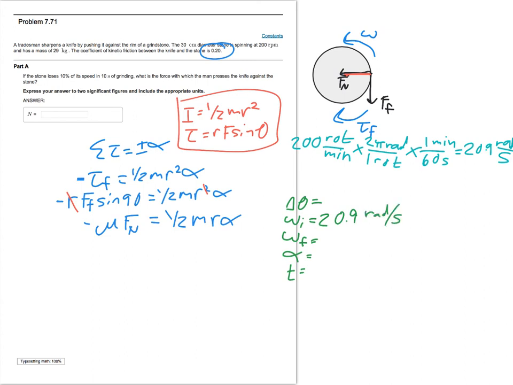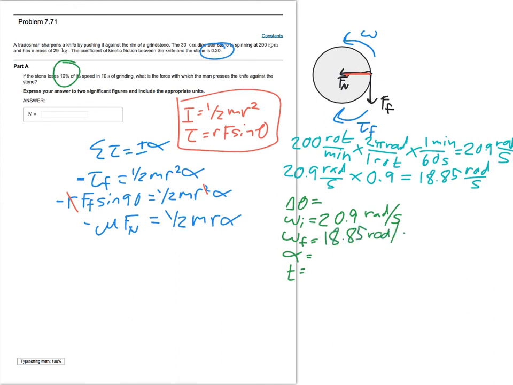I'm told that it loses 10% of its speed. So my final angular speed is just going to be 90% of that. So 20.9 radians per second times 0.9 gives me 18.85 radians per second. That's going to be my final angular speed here.